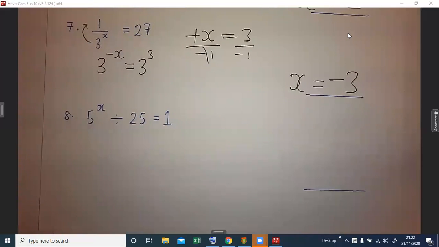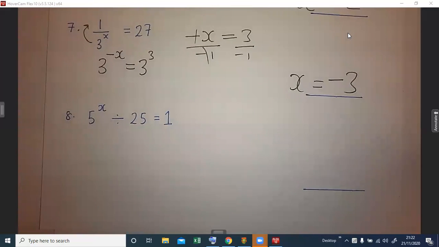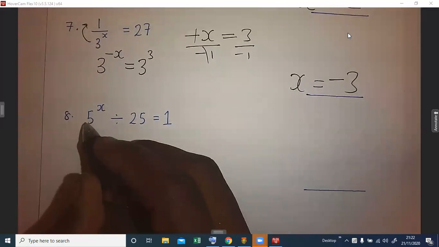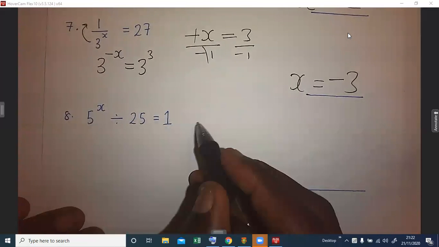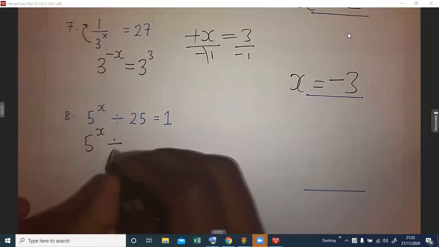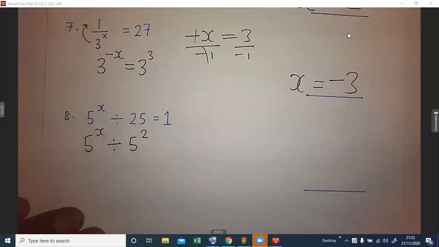Last but not least, when you look at the first part, our base is 5. So that means I change all the other bases to become 5, so that I have same base and I deal with same base. 25 is the same as 5 squared.